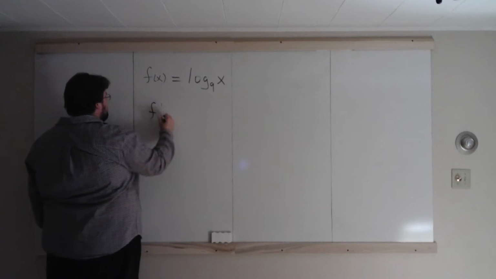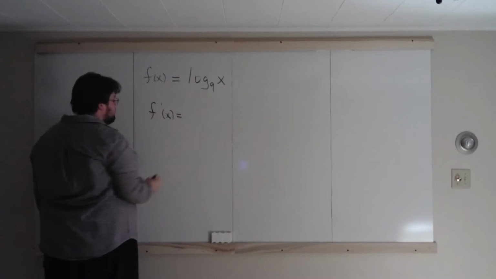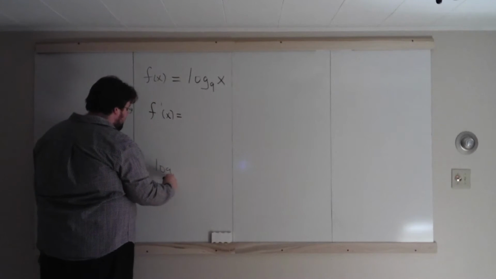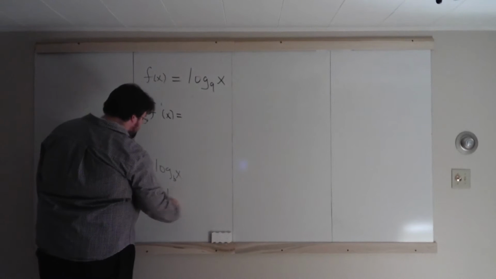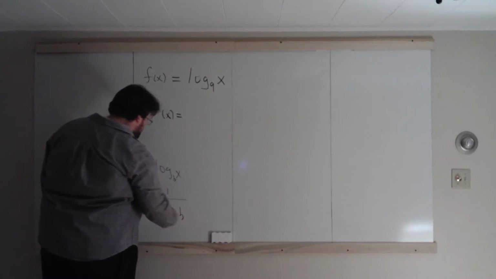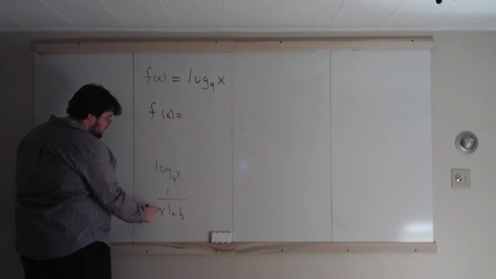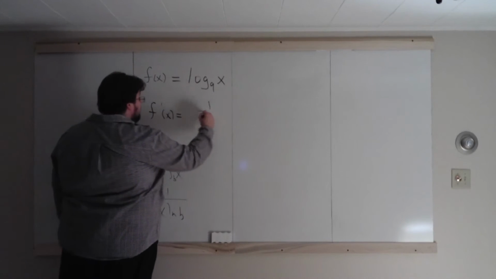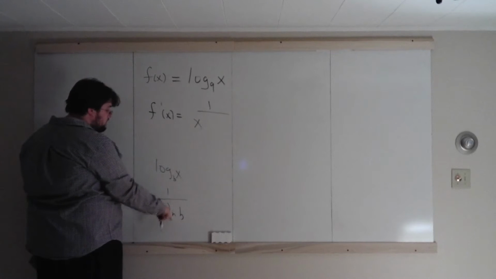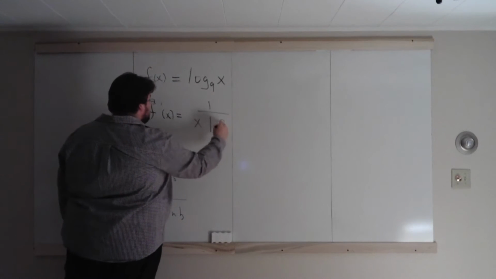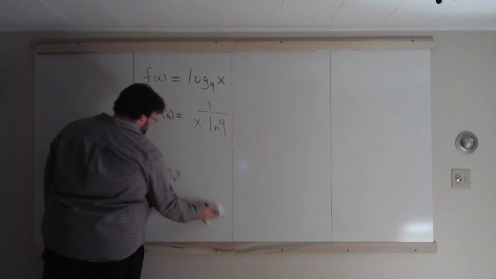Well, derivative of log x with base b was 1 over x natural log b. So it's 1 over x times natural log of the base. In this case, the base is 9.